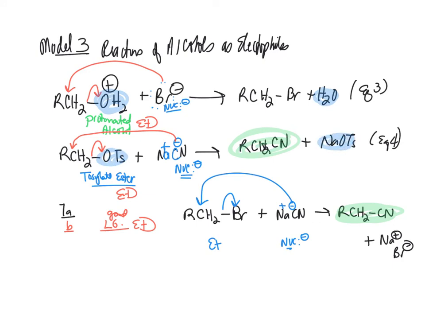And so great leaving groups like the bromide would follow the SN2. So you can see by the mechanism with the electron flow arrows in one step, these are SN2 reactions.